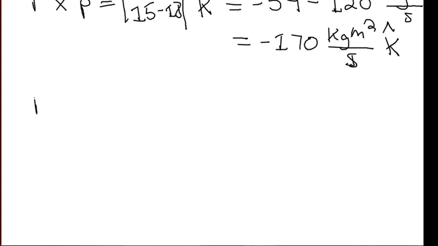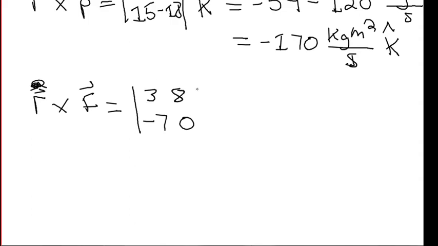And now we're going to do the exact same thing, but we're going to do r cross F. They tell us that F is just pointed in the negative x direction, so we've got negative 7 newtons, and we don't have anything in the i hat or the j hat direction of this one. And then we've got 3 and 8 again, because our position vector is the same, and it's also in the k hat direction.